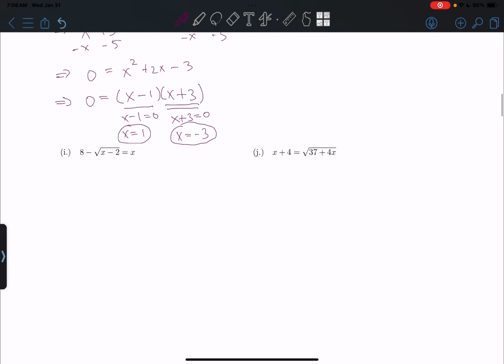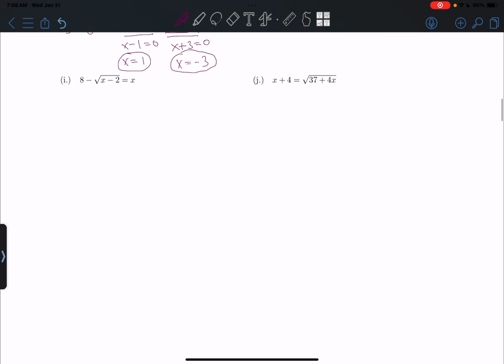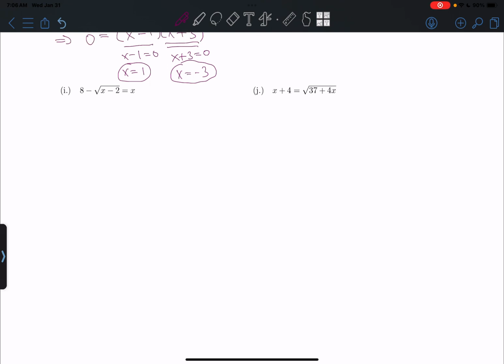Moving on to the next one then. For radical functions, you have to bring everything without radical to the other side. So I'm going to plus 8, or minus 8 rather, to both sides. So the function becomes, and now I square both sides.